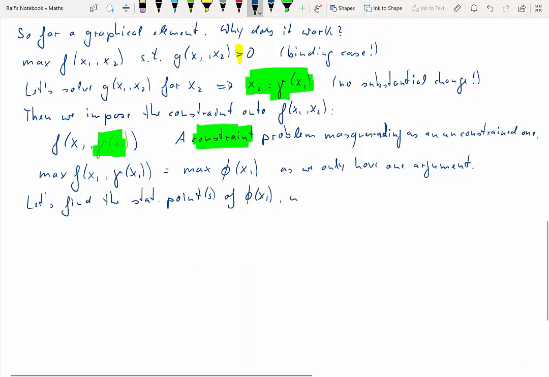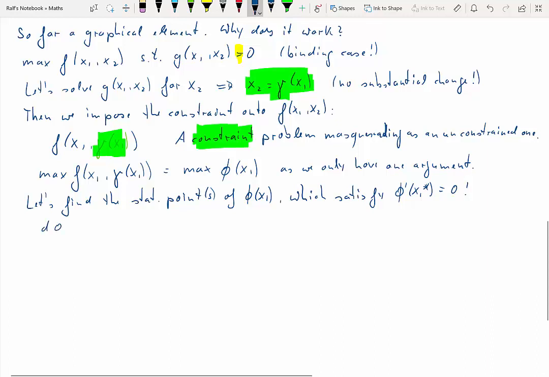So what we need to find is, of course, the values of x1 which satisfy that phi prime of x1 asterisk, that's at the stationarity point, is equal to 0. This is just the well-known condition for stationarity points. So what we need is to find out what phi prime is.